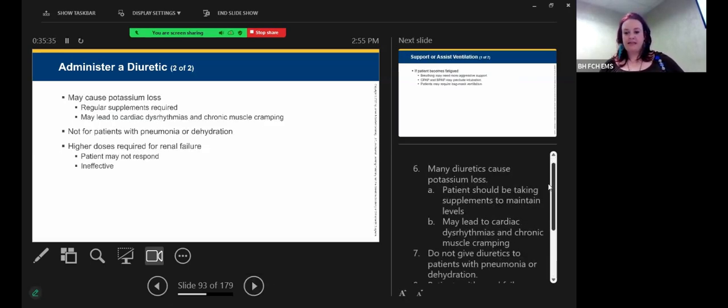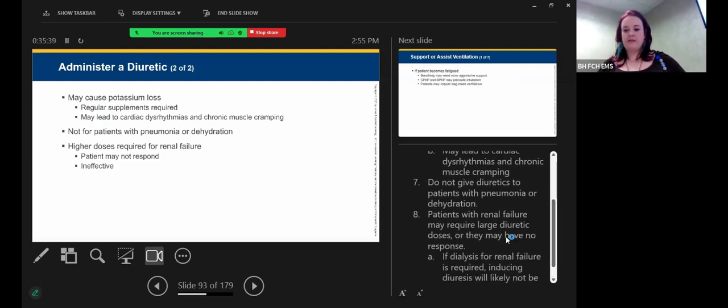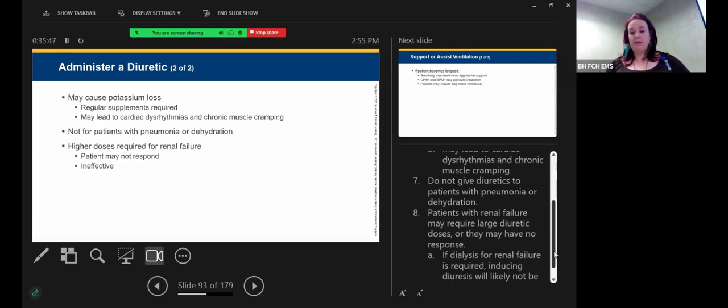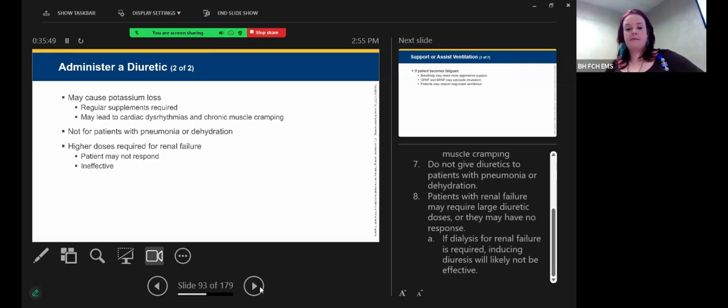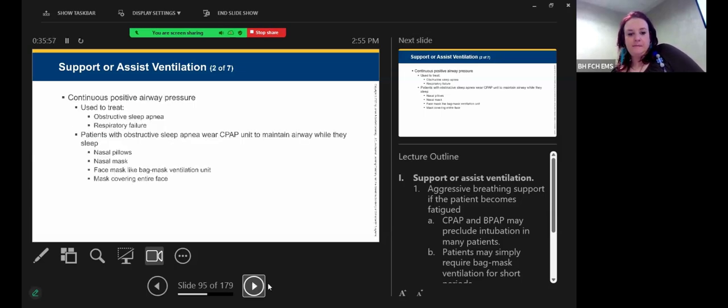So diuretics can cause potassium loss. This can cause dysrhythmias and severe muscle cramping. Patients with renal failure may require large diuretic doses, or they may have no response. Here's our CPAP and our BiPAP. May include intubation.